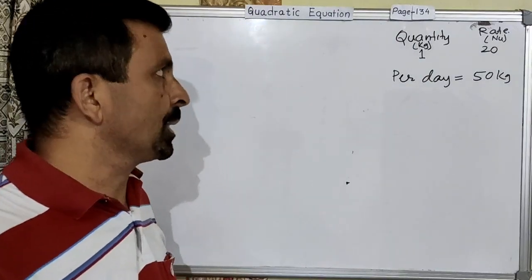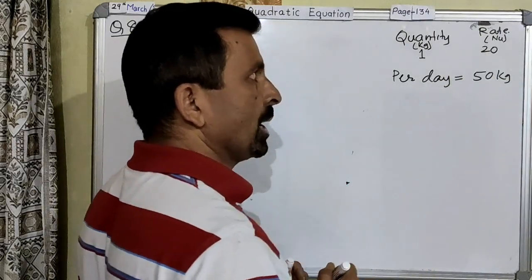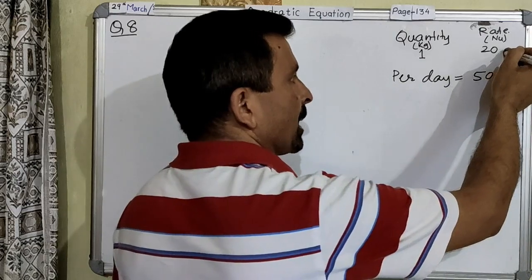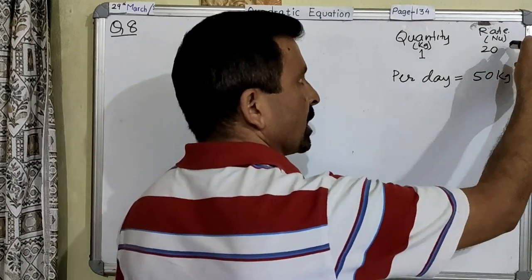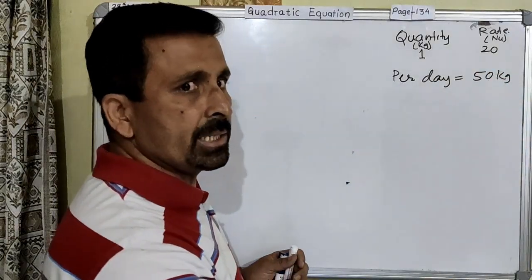Are you getting me? When the price increases by 1 Newton, that means from 20 rupees, if the price becomes 1 rupee more, that is 21, then the sale will reduce by 1 kg.